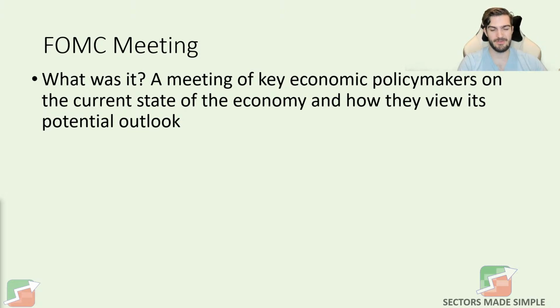So they're going to talk about the current status of the U.S. economy, where they feel things are going and the changes that they feel they need to take to try and push things in the right direction.